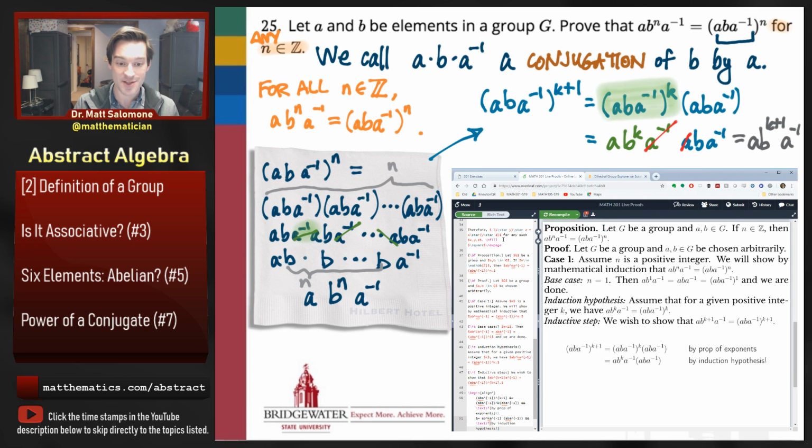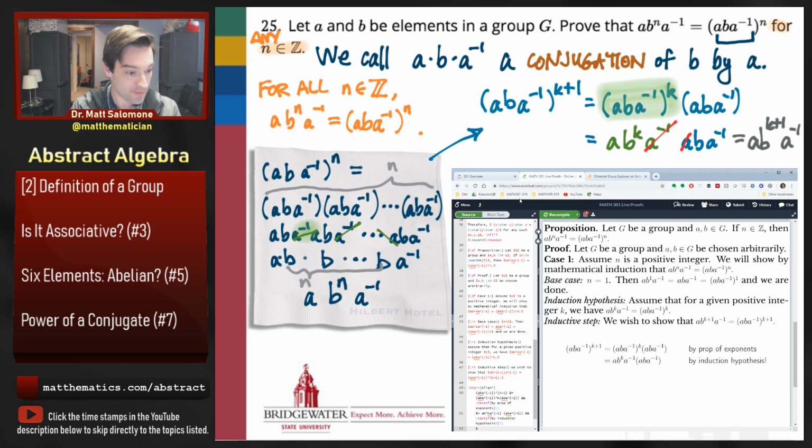Probably don't need that exclamation point as the author of a proof, but I think that's exciting. And that's also how you know that you needed induction in this argument. If you're not actually explicitly using your induction hypothesis, then you're probably not actually writing a proof by induction. So here we explicitly applied the induction hypothesis. And so we know that induction was a necessary part of the argument that we're making.